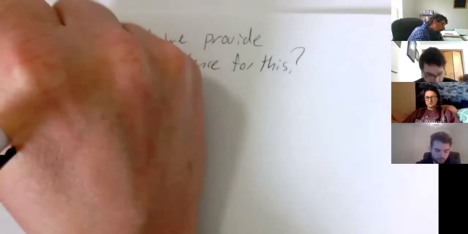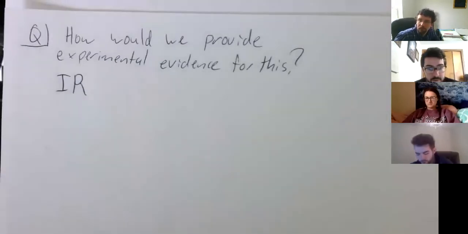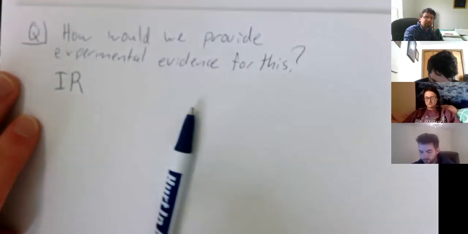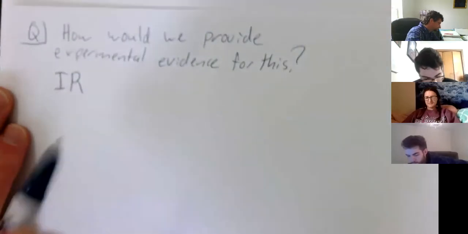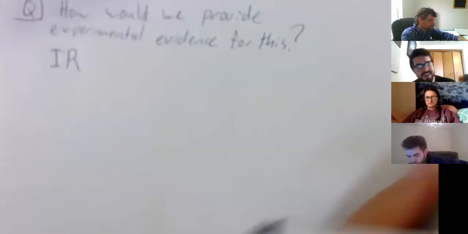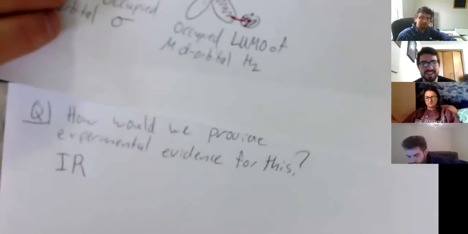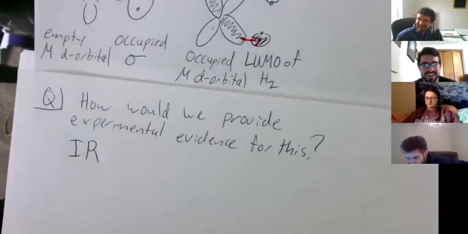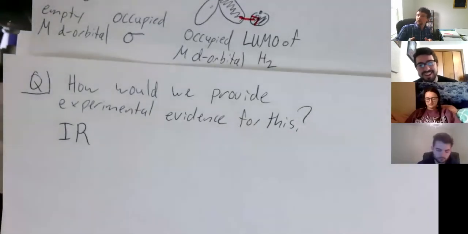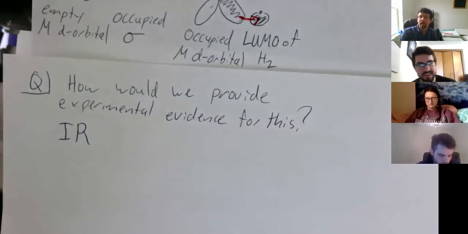Okay, so let's use the IR. What are you going to keep track of in the IR? Doesn't the HH peak even exist on IR? I've never looked at molecular hydrogen under the IR. I don't know what range I would expect to find that. Right, but you could find something, right? Okay, yeah, it's IR active.